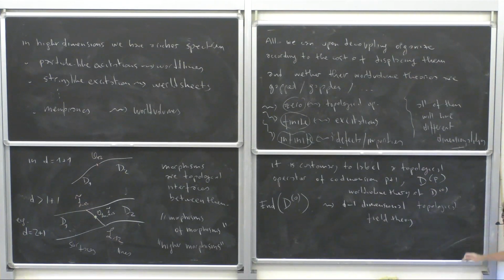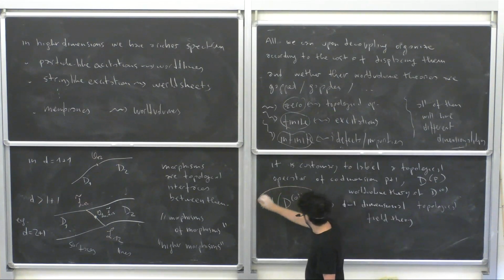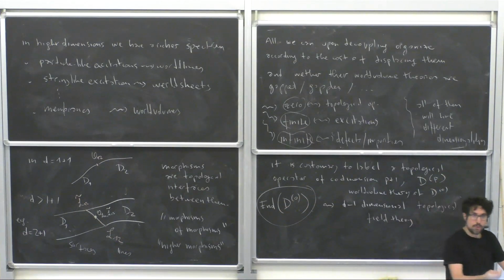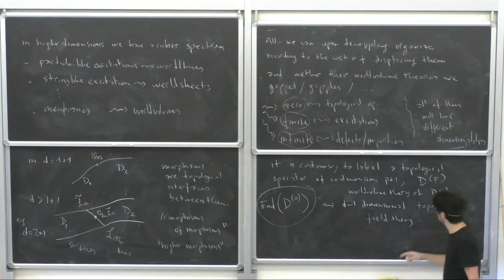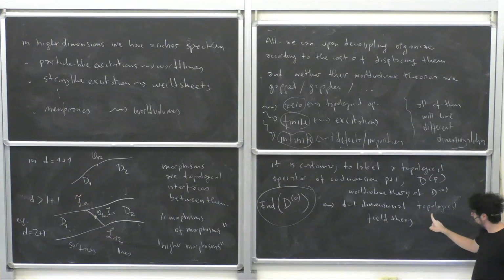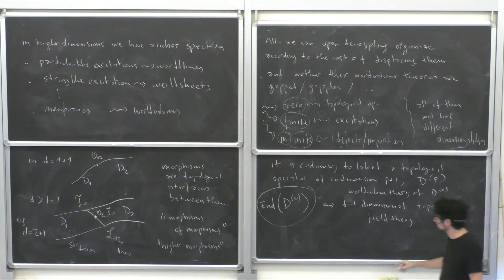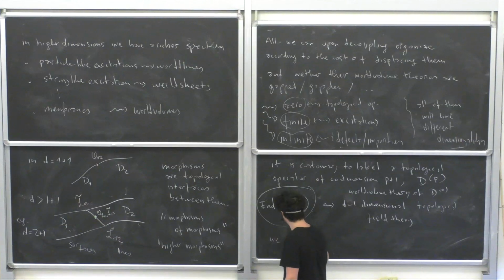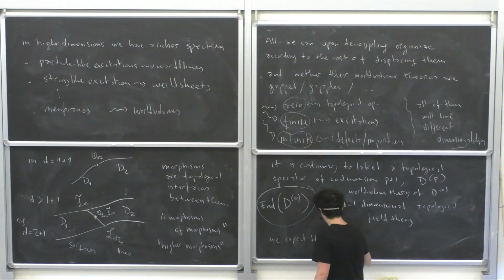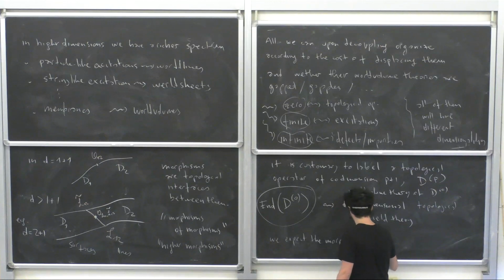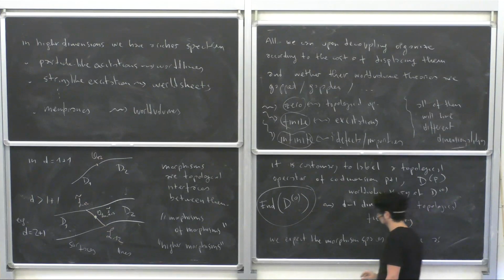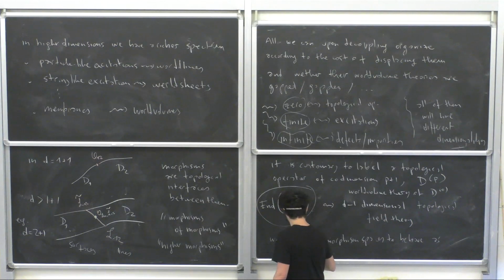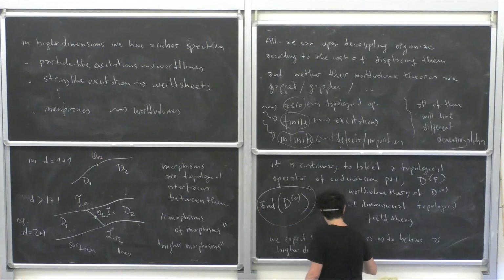As a worldvolume theory for this D0, we expect to have a d minus 1 dimensional topological field theory. And you remember, these were the operators in our quantum mechanics. Now this would be the symmetries, if you like, the topological operators of this topological field theory. So the morphism space is here. We expect the morphism spaces to behave as higher dimensional topological field theories.